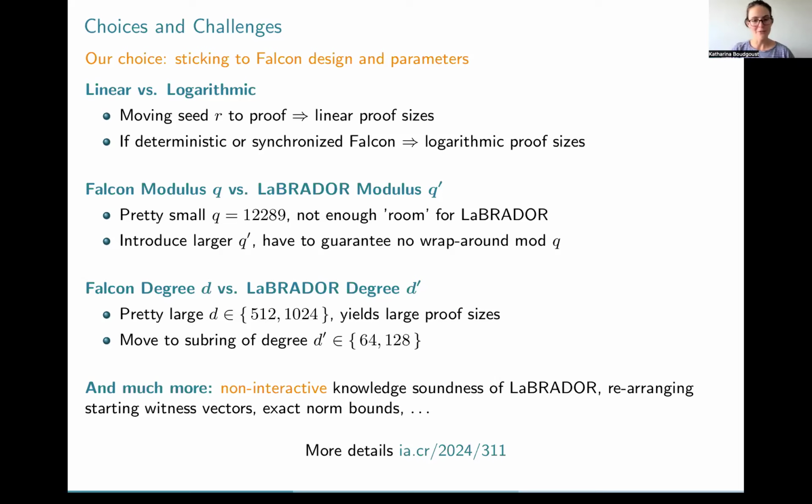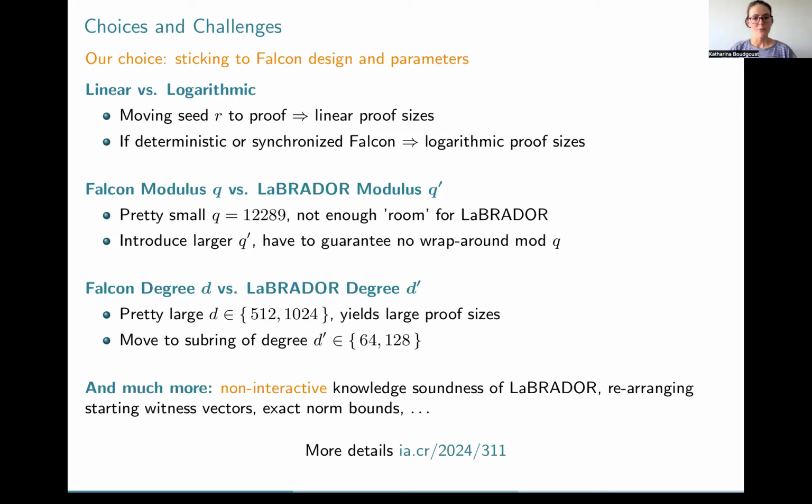Labrador, I haven't really explained how it works, but it's a complex proof system that resembles a bit a Bulletproofs type system. And it has, for instance, Johnson-Lindenstrauss projections. And if you want to use them, you have constraints on how large your modulus needs to be at least. And the Falcon modulus, even for one signature, doesn't fulfill it.